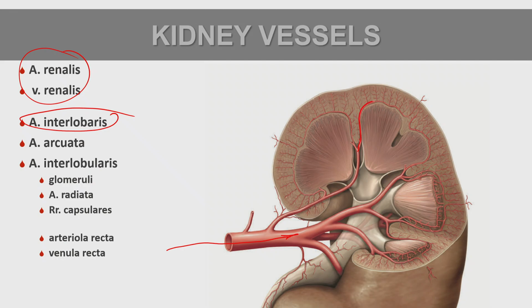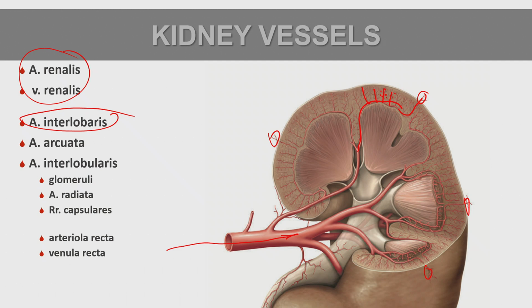This distal artery is called arcuata, forming this arch. And from the arcuata we have radiata, radiate arteries, on which the glomeruli are attached. And finally we have some capsular arteries going to the capsule.